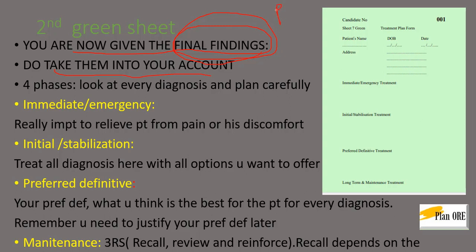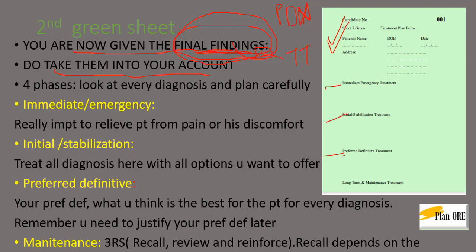There is a small chance that your provisional diagnosis may be wrong. After you see the final findings, you say, oh, I feel I have written the provisional diagnosis wrong. Don't worry and don't panic at this point of time. Just move on, consider the final findings and now give a proper treatment plan so at least your treatment plan is correct.